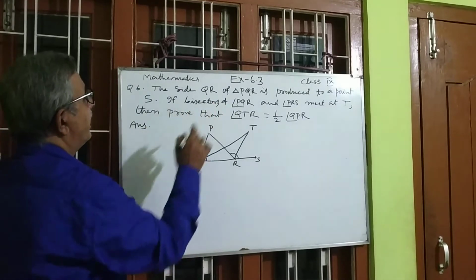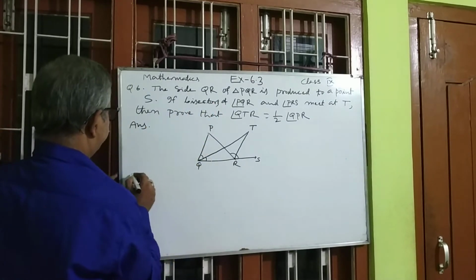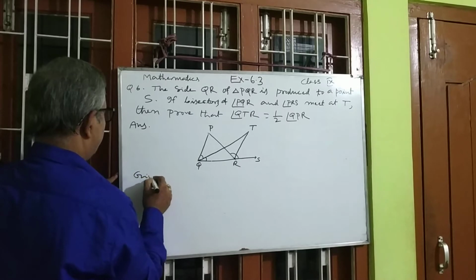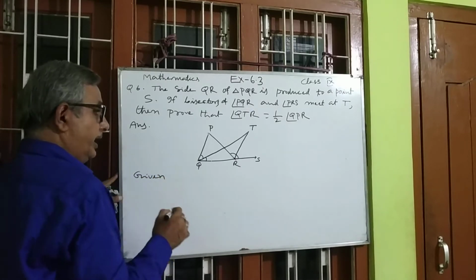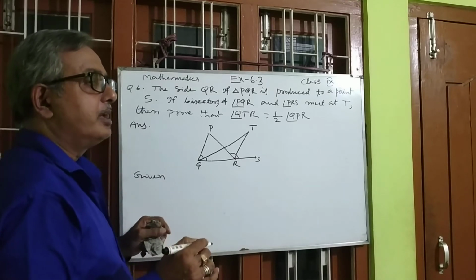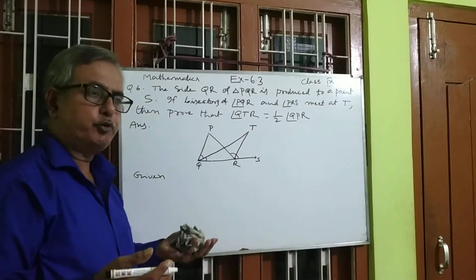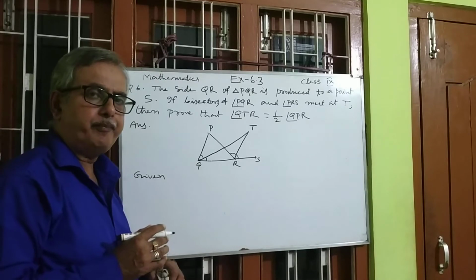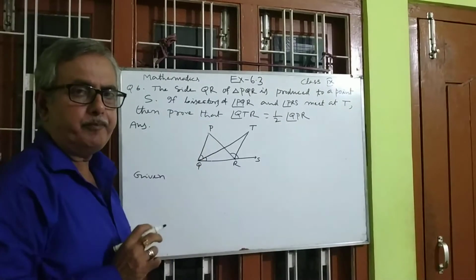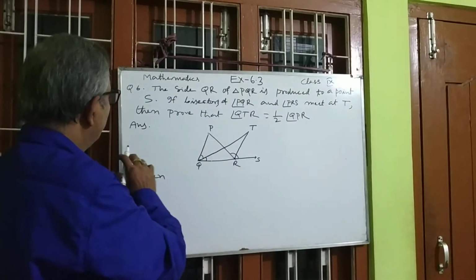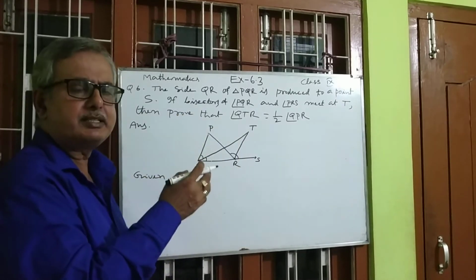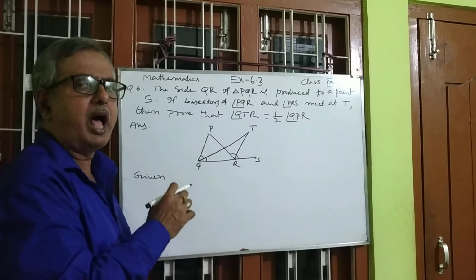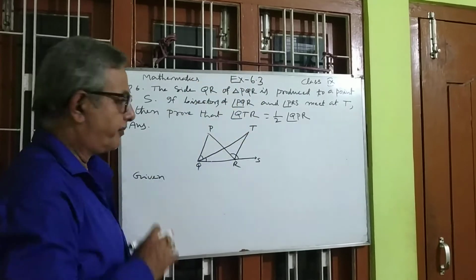So, given, we are writing here. I told you earlier also, in geometry, when you have to prove something, first of all you draw the diagram. After the diagram, you write given, if ABC, PQR, etc. are given. Otherwise, you have to write let.